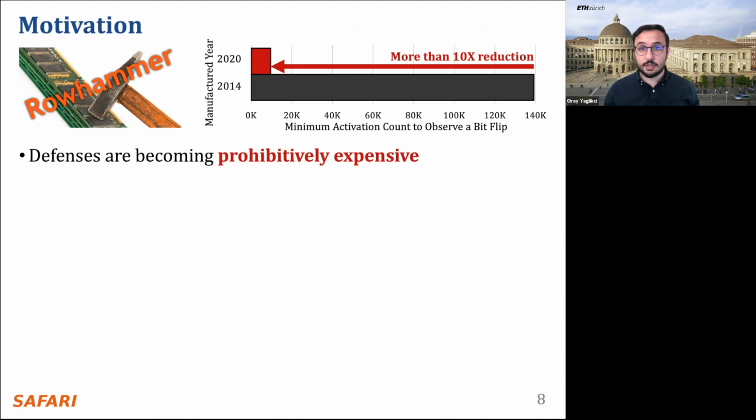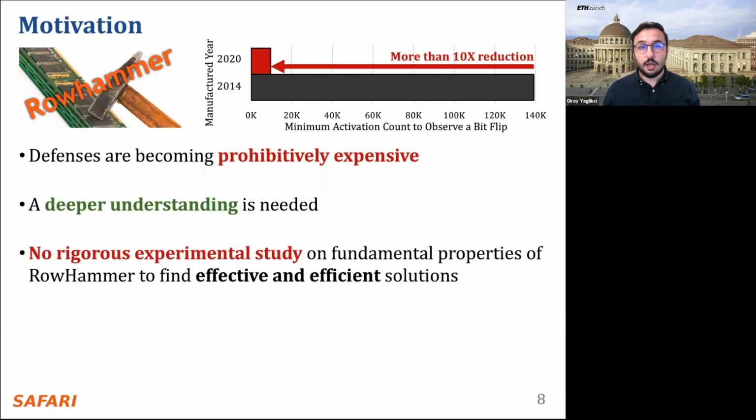Recent works have demonstrated that many defense mechanisms are becoming prohibitively expensive for future DRAM chips, and a deeper understanding of RowHammer is the key to overcome this challenge. However, no rigorous experimental study demonstrates a set of fundamental properties of RowHammer to find effective and efficient solutions.